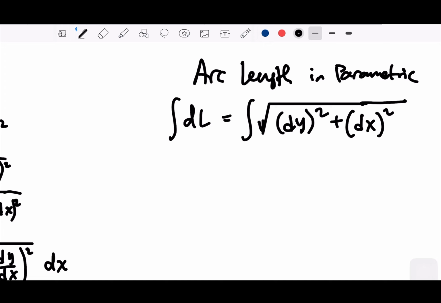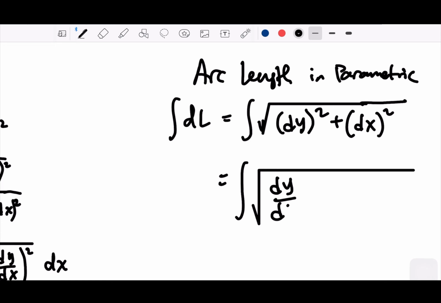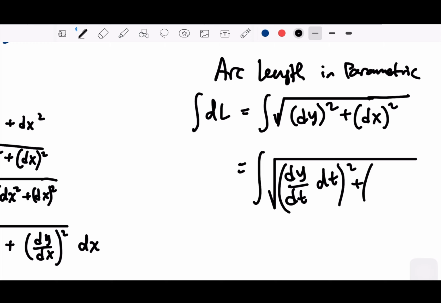Again, in the parametric, we can also manipulate all those terms with the chain rule. So we can have something like that, and dx over dt multiplied with dt. Okay.